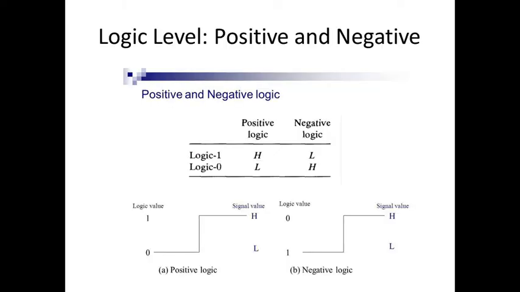What are these logic levels? You can have a positive logic level or a negative logic level. In case of positive logic level, we have 0 meaning low, 1 is high. It is completely reversed for a negative logic. 1 is taken as a low, 0 is taken as a high. Normally we follow positive logic.